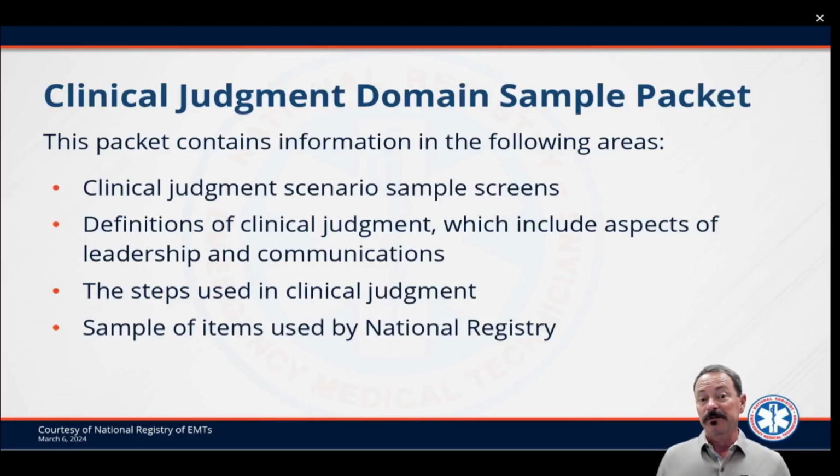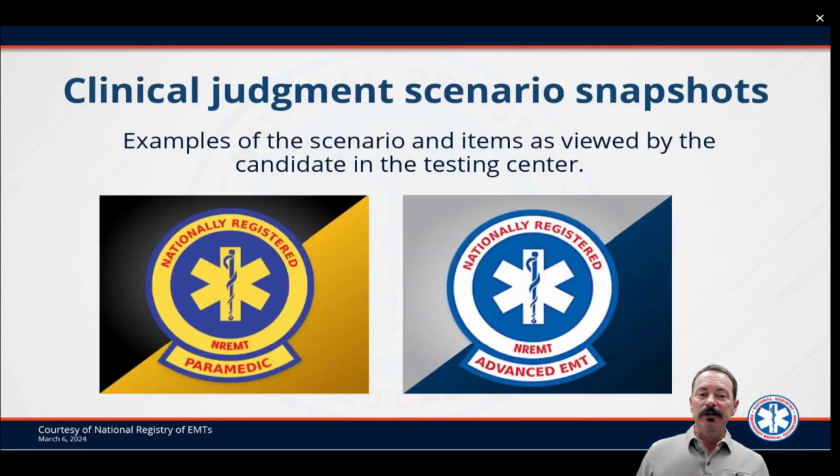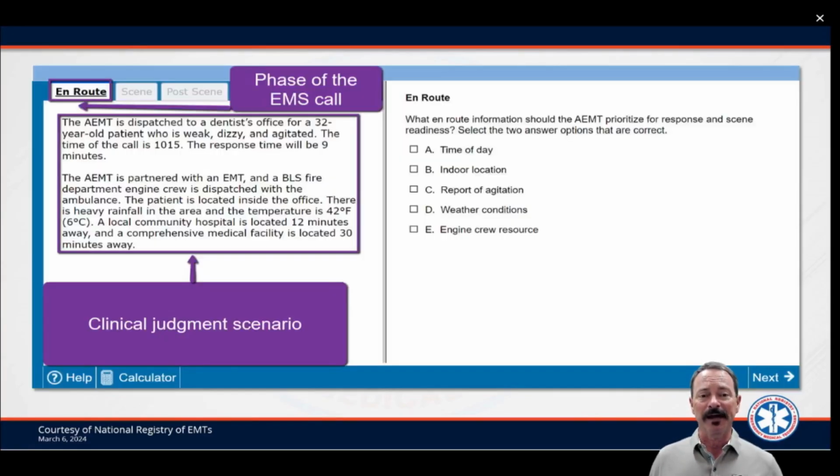And then we'll look at some sample items used by the National Registry. Okay. Now, we look at the clinical judgment scenario snapshots, and the examples of the scenarios and items are viewed by the candidate in the testing center. So this is specifically looking at the advanced and the paramedic candidate, okay?